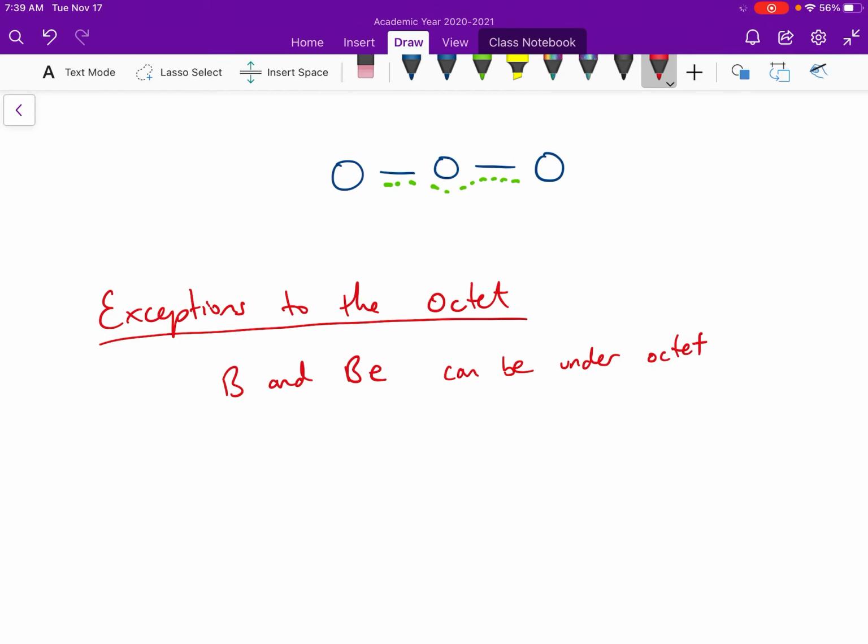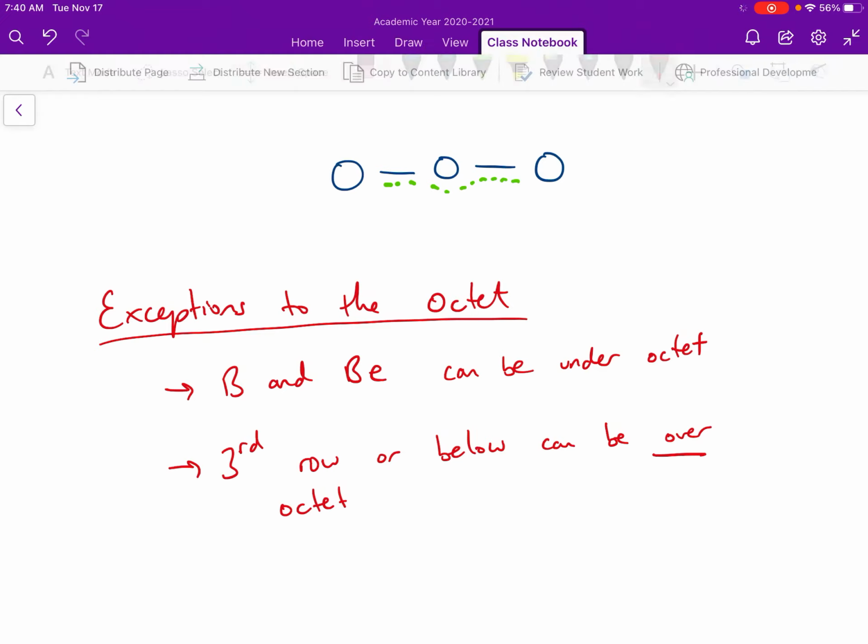Okay? And then everything third row or below can be over the octet. Okay? So beryllium and boron can be under. And then everything third row and below can actually be over.